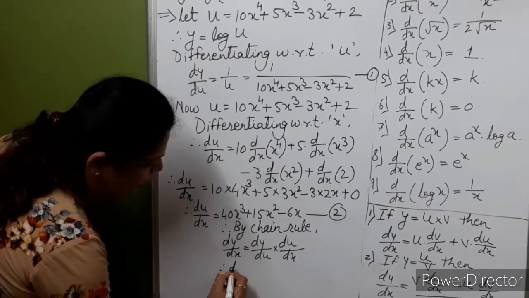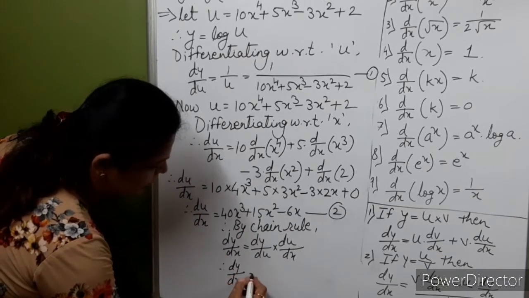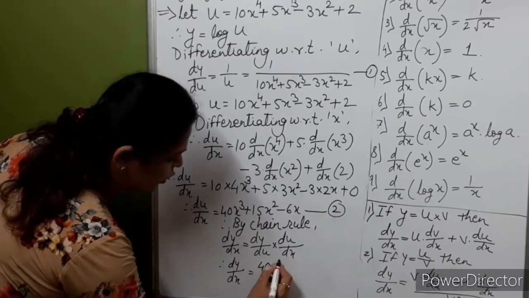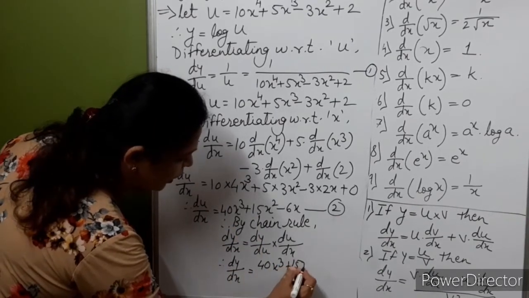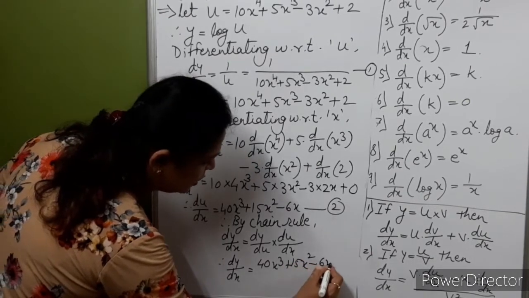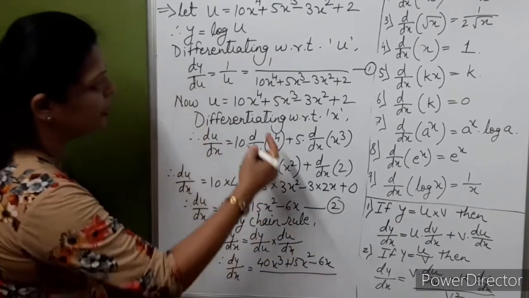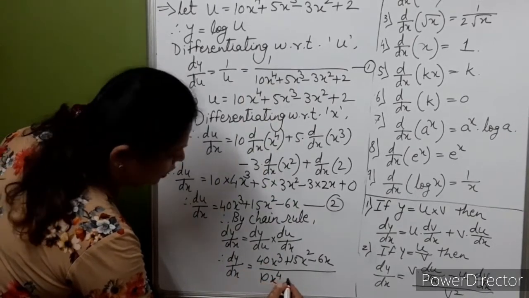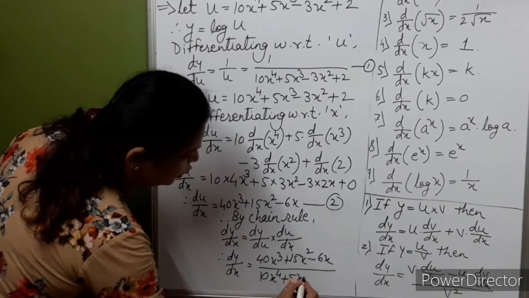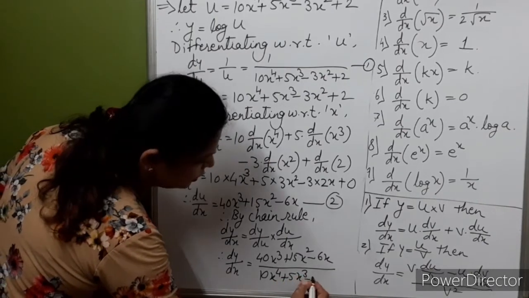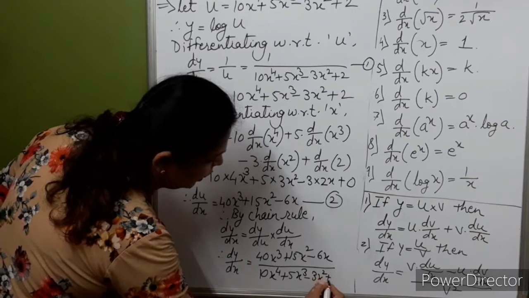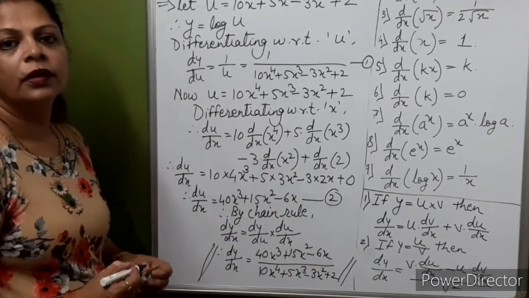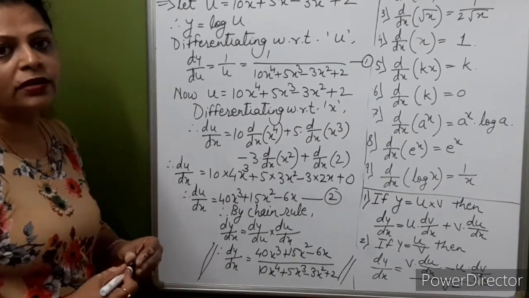So therefore dy by dx is equal to, this is your numerator, 40x cube plus 15x square minus 6x upon this term, 10x raised to 4 plus 5x cube minus 3x square plus 2. So this is your answer. Correct? So this completes your second sub question.